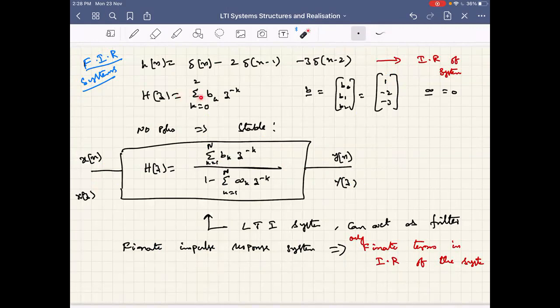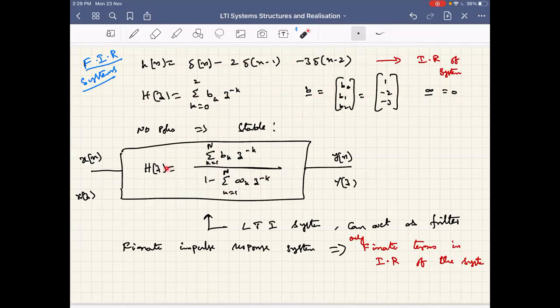An alternative way of representing this second order system is through these coefficients b0, b1 and b2, because the structure of an FIR system is determined by them, and a equal to 0 indicates that there are no poles. Hence a bar and b bar, these two vectors, are usually the representation for the standard form of the Z transform or the corresponding difference equation.